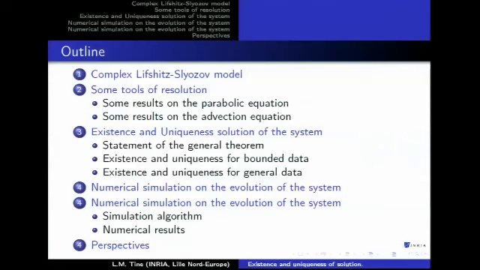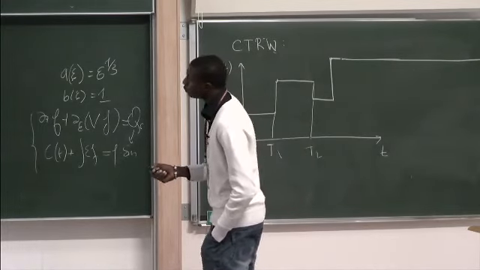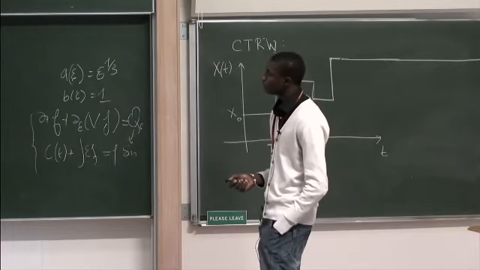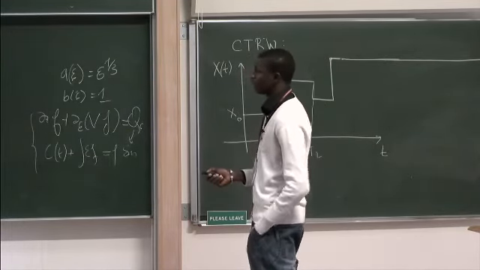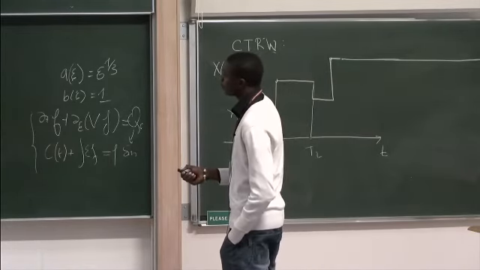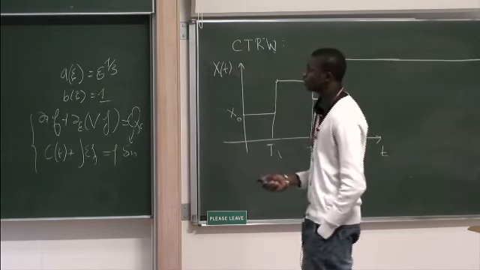I will follow this outline. In the first step, I will state our new model, what we call the complex Lifshitz-Slyozov model. In the second part, we will present some tools for this model, giving some results on parabolic equations and some results on advection ones. In step 3, we will say something about the existence and uniqueness of solutions of our new system by stating our general theorem and by splitting the proof, dealing first with bounded data and then with general data.